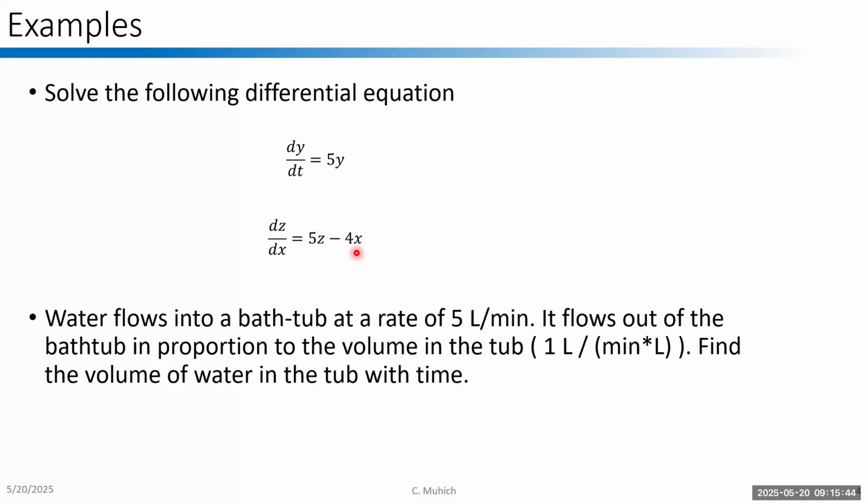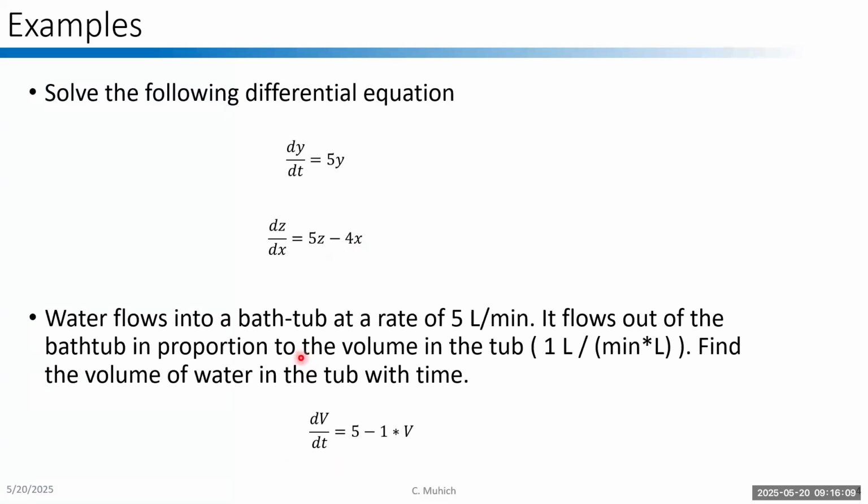In terms of a word problem, which is more likely to be seen in chemical engineering, we would get something like: water flows into a bathtub at a rate of 5 liters per minute. It flows out of the bathtub in proportion to the volume in the tub at 1 liter per minute per liter currently existing. Find the volume of water in the tub with time.